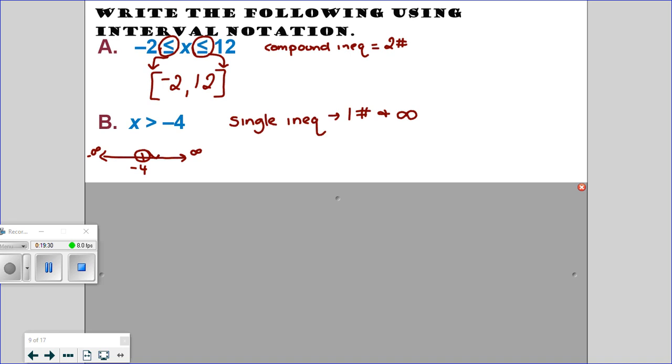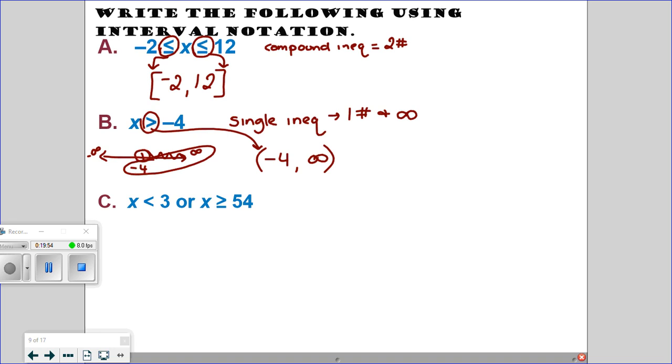Bigger than -4 would head this way, and again, the order that it's listed, there's your interval notation. -4, comma, infinity. Always a parentheses at the infinity. I don't even have to think about it. Use this sign right here to help me with the sign next to the -4. Greater than is a parentheses, not included.